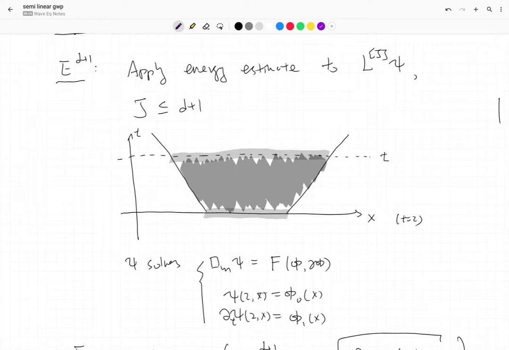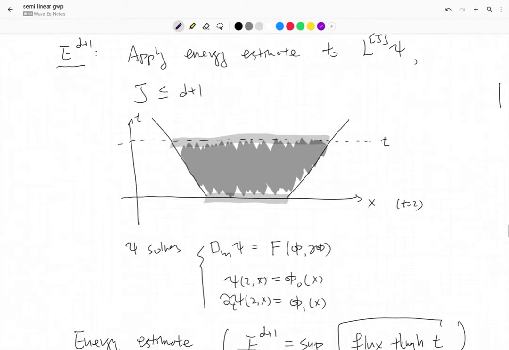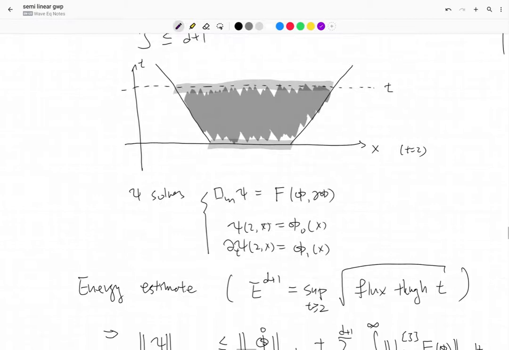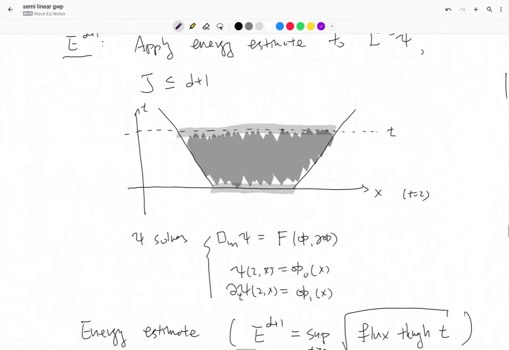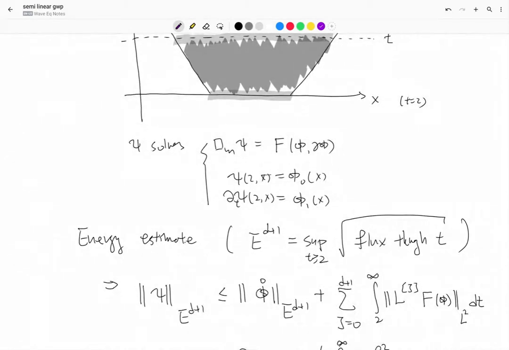To prove estimates on energy flux, we use energy estimates. This is sort of a tautological statement. So what does psi solve? Psi is a solution of box_M psi equals F, and F is a function of phi and d phi. These are the input functions that we put in, so we should consider them as fixed for now. The initial data is phi0 and phi1.